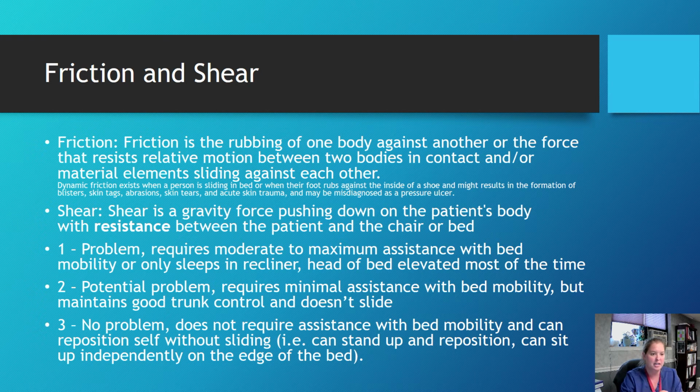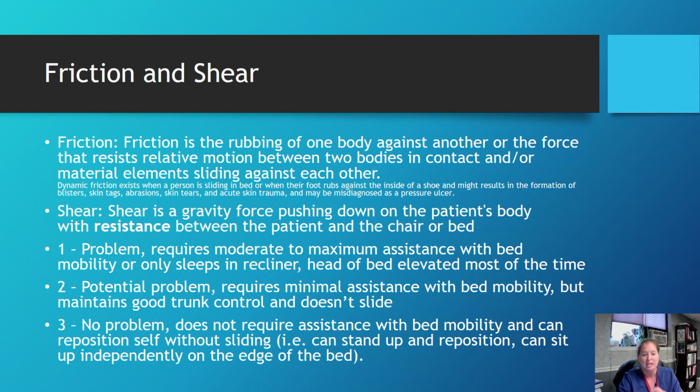So when you're looking at a determination of friction and shear, you have 3 categories that you can rate someone at, and the one that I don't see coded very often, but is the most common here, is a problem. If someone needs bed mobility assistance pretty much at all, or has the head of the bed elevated most of the time, there is a problem with friction and shear.